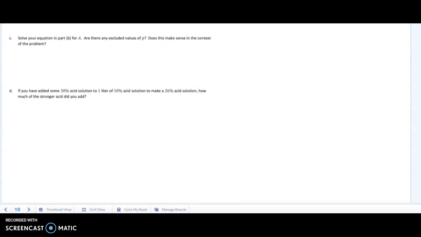Okay. Let's go to page 10. Solve your equation in part B for A. Are there any exclusions? So we're just going to solve that last problem that we created, and we're going to look for extraneous solutions in it.